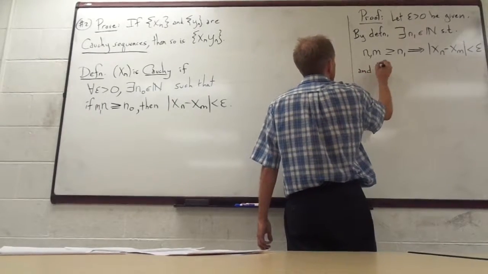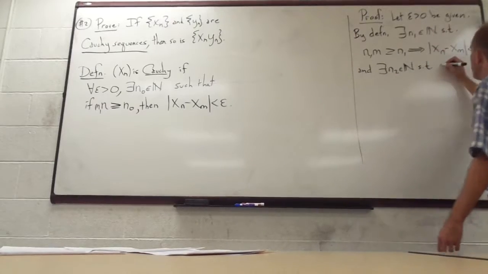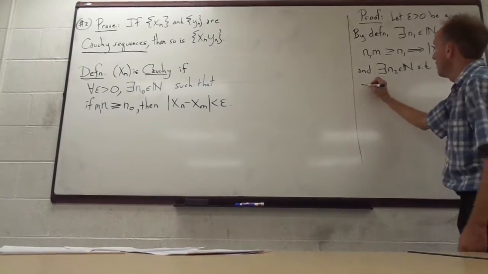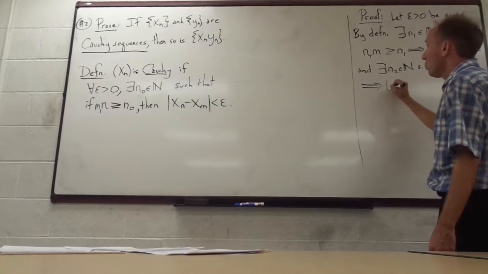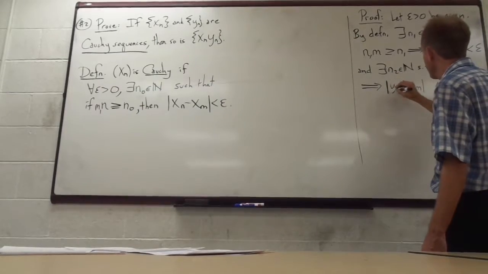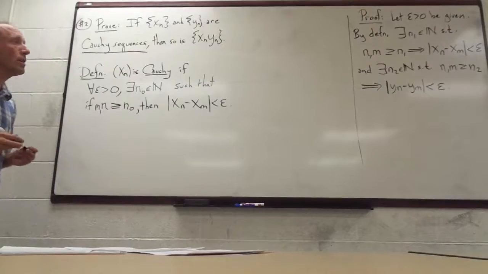And there exists an n2 in the natural numbers such that if n and m are greater than or equal to n2, then the absolute difference yn minus ym is less than epsilon. You're just using the definition.